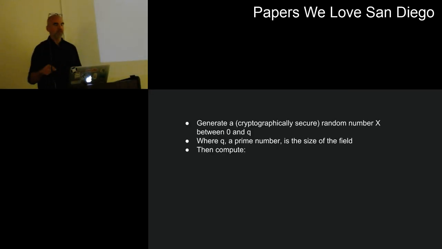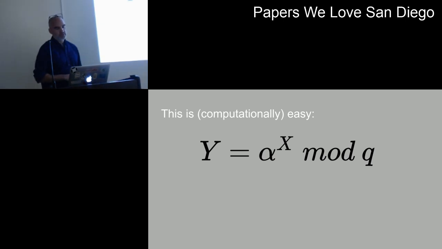So basically what you do to create your key pair is you first create a random number. And of course it needs to be a cryptographically secure random number, which is another talk for another night, and it has to be somewhere in this range of 0 to q of the field. And then from that, you can generate your public key from this expression.